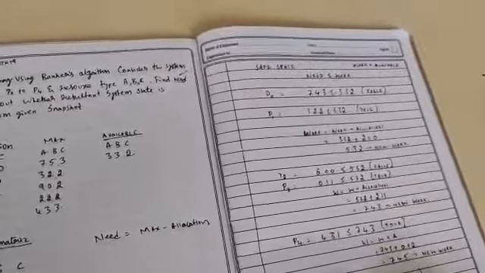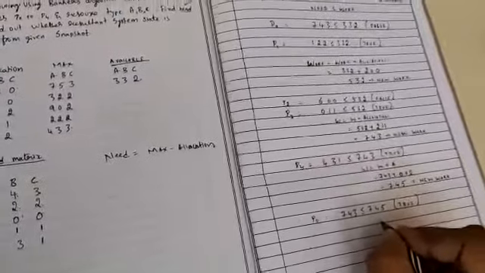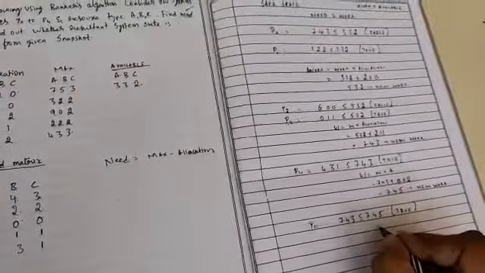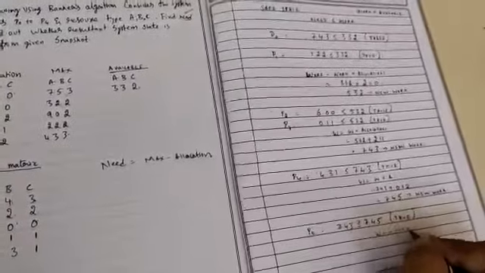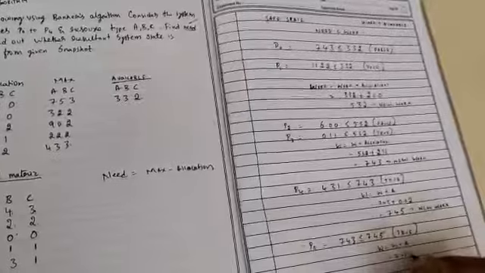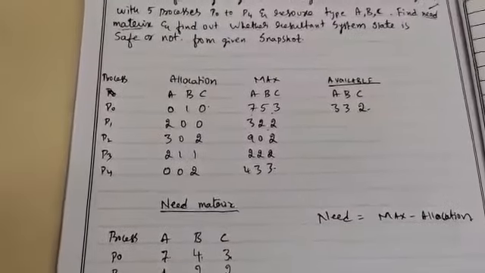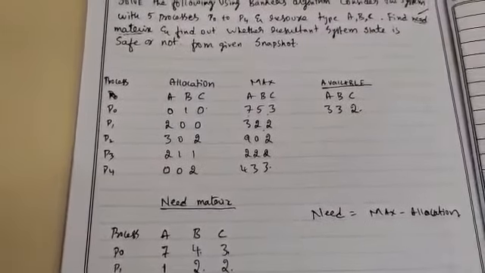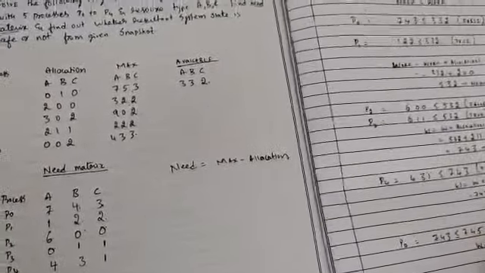Again we find the new work: work equals work plus allocation. Work is 7, 4, 5 plus the allocation of P0, which is 0, 1, 0. That gives 7, 5, 5. It's done.